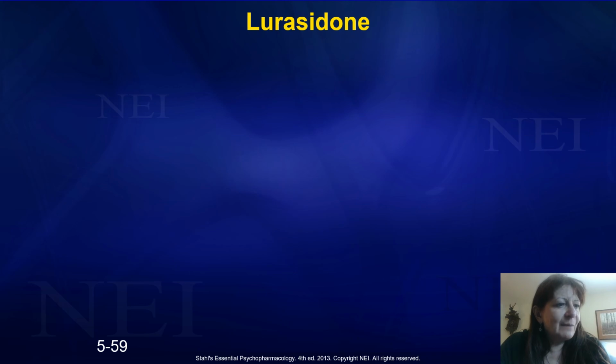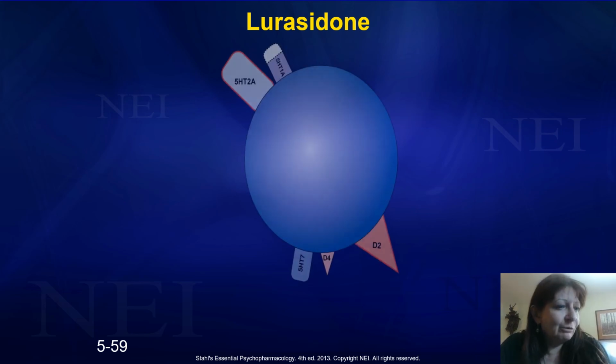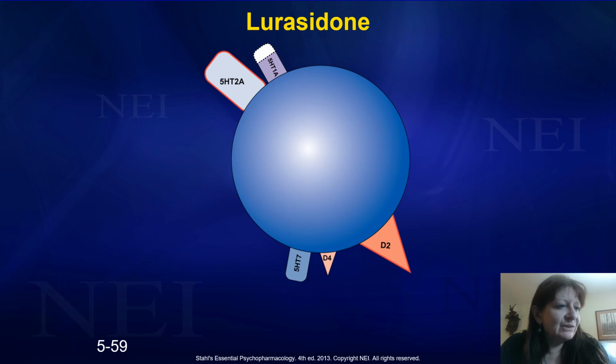There is a low metabolic risk. There is an increased risk for akathisia, so if you can dose it slowly, you can help to avoid that. It binds to the D4 receptor, which we don't know much about. It also binds to 5-HT7, which can help with mood, cognition, and sleep.